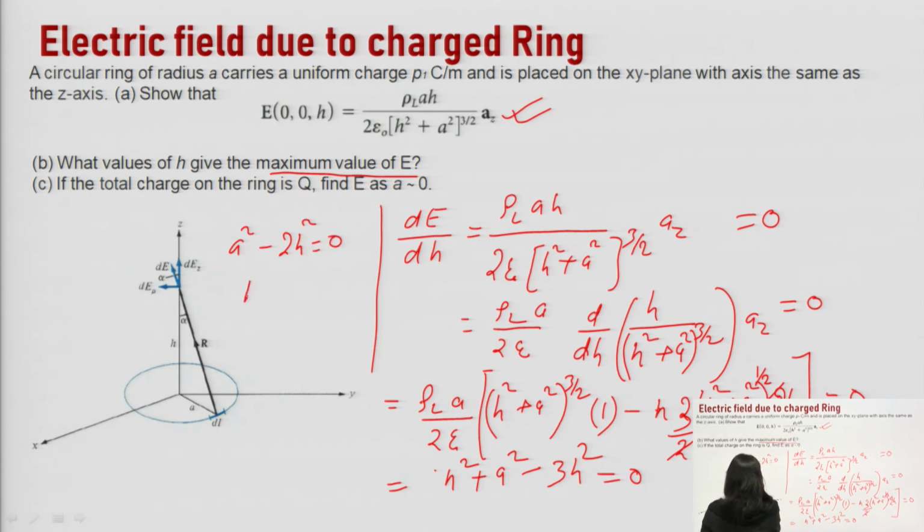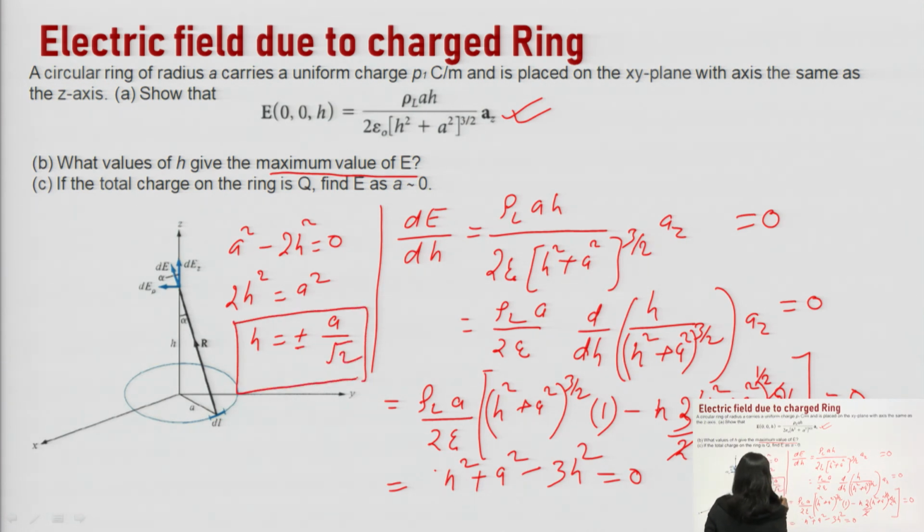In this way, we get the value of h as h is equal to plus minus A by root 2. So this is the final value of h for which we will get the maximum value of E.